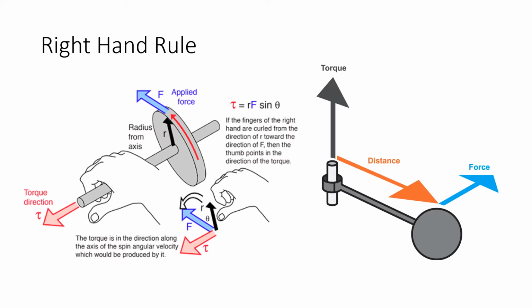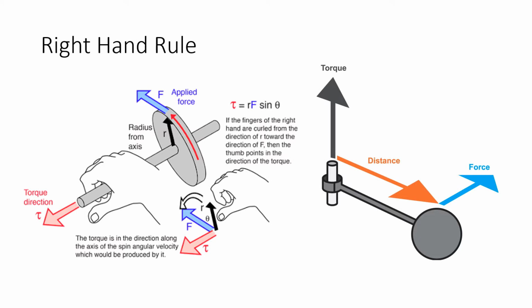That means that, since I am taking these two vectors, this one radial position vector and the force vector, we want to keep track of which direction the torque is going.